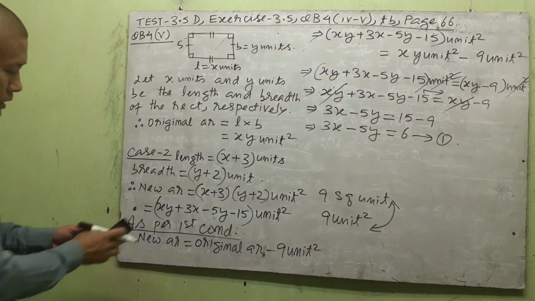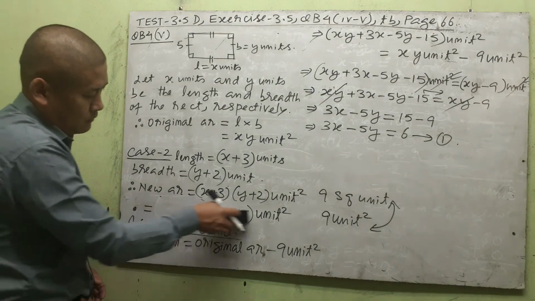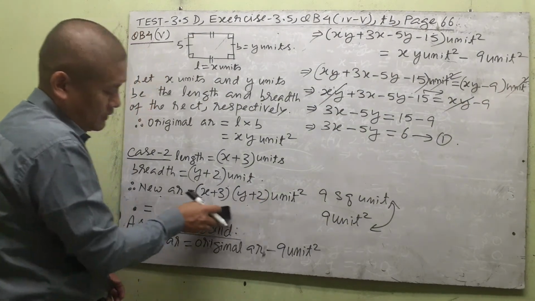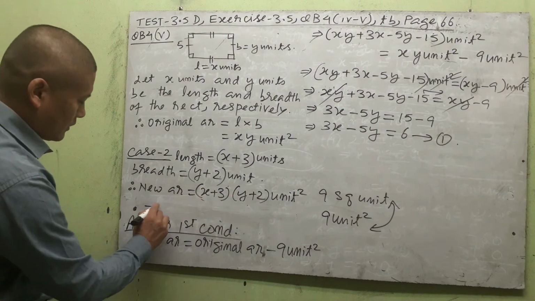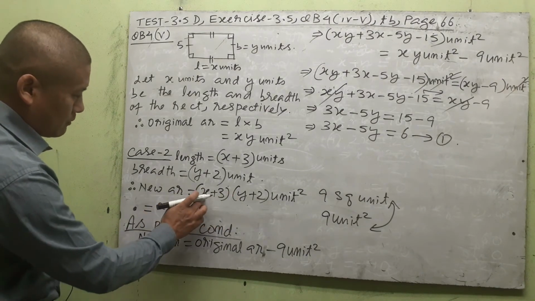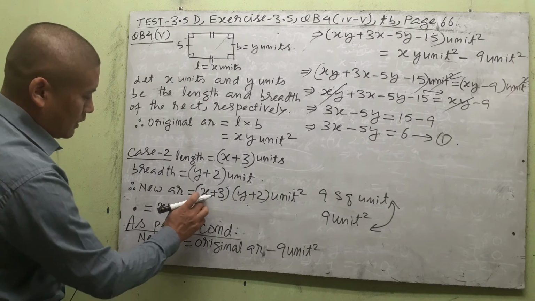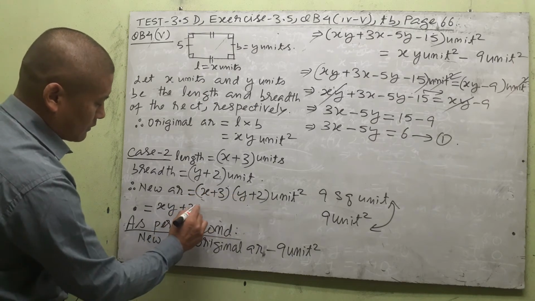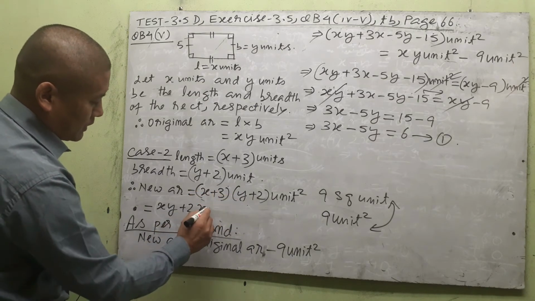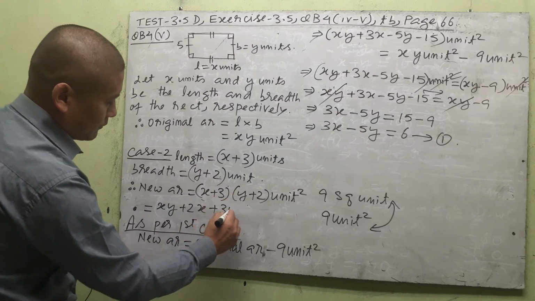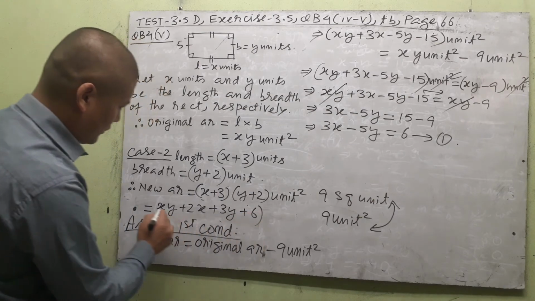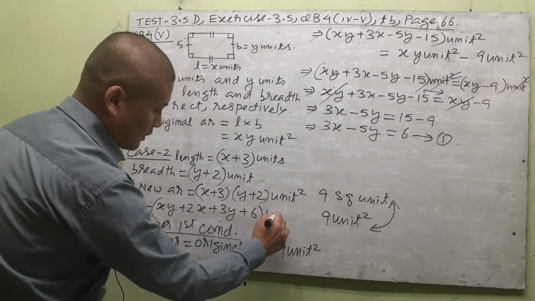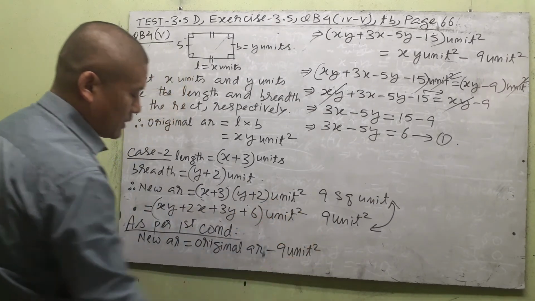Then we can multiply it here itself like previously. So the new area in the second case will be x into y is xy, plus into plus, plus x into 2 is 2x, plus 3 into y is 3y, plus 3 into 2 is 6. Then we can put bracket here because we're going to put the unit square.